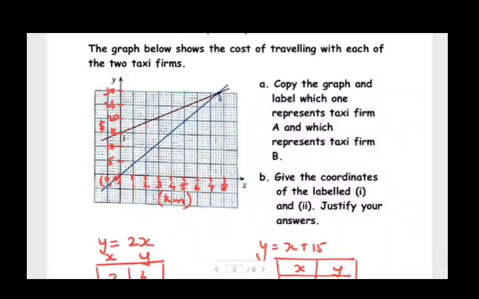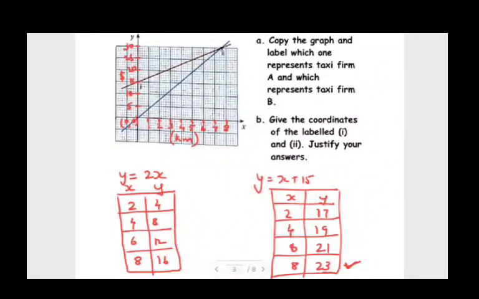Alright, so now looking at this 2x, this equation, which is y is equal to 2x, let's see which one is this. So y is equal to, x has to be 2 and y has to be 4. So this is 2, okay, and my y has to be 4.